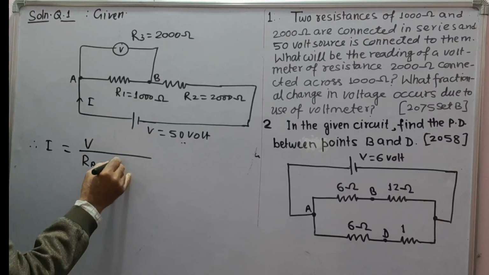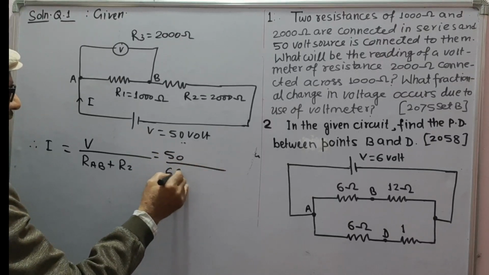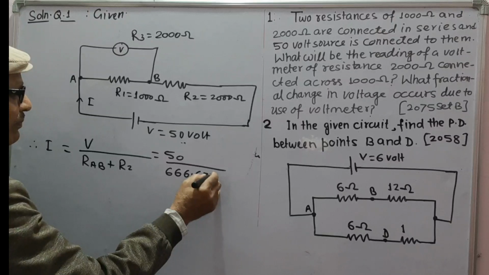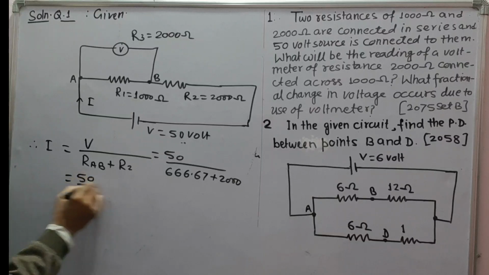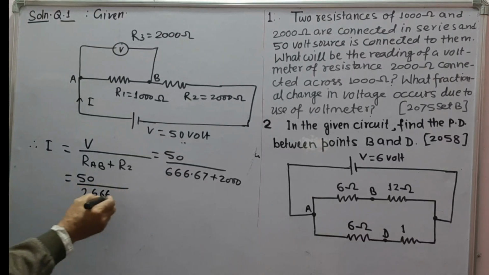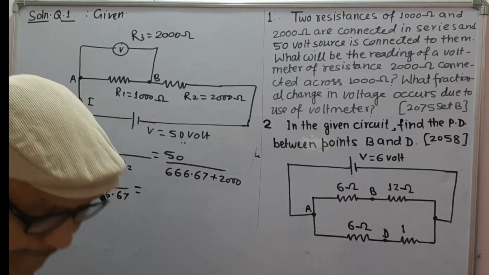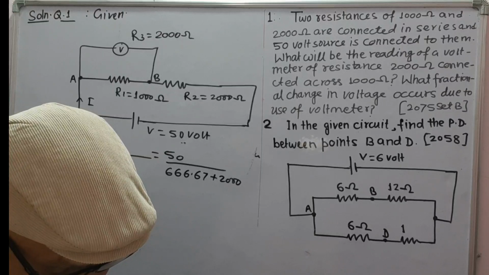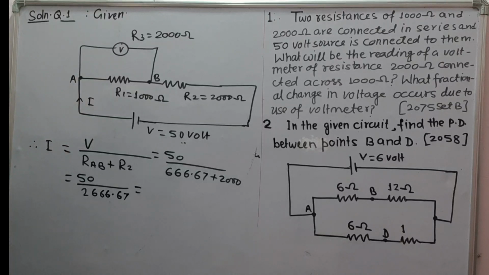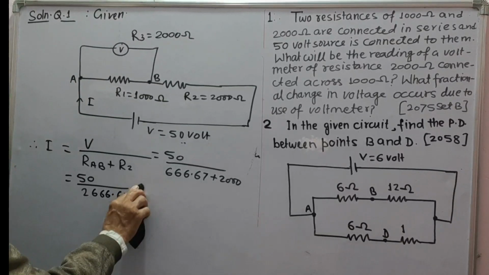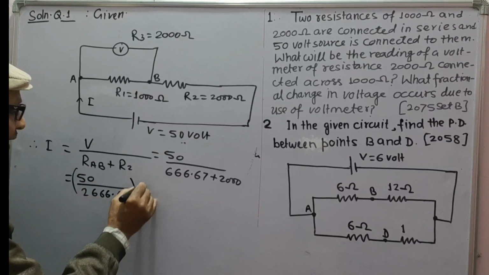Therefore, current I will be equal to V divided by RAB plus R2, which is 50 divided by 666.67 plus 2000, that is 50 divided by 2666.67, which gives I is equal to this much ampere.